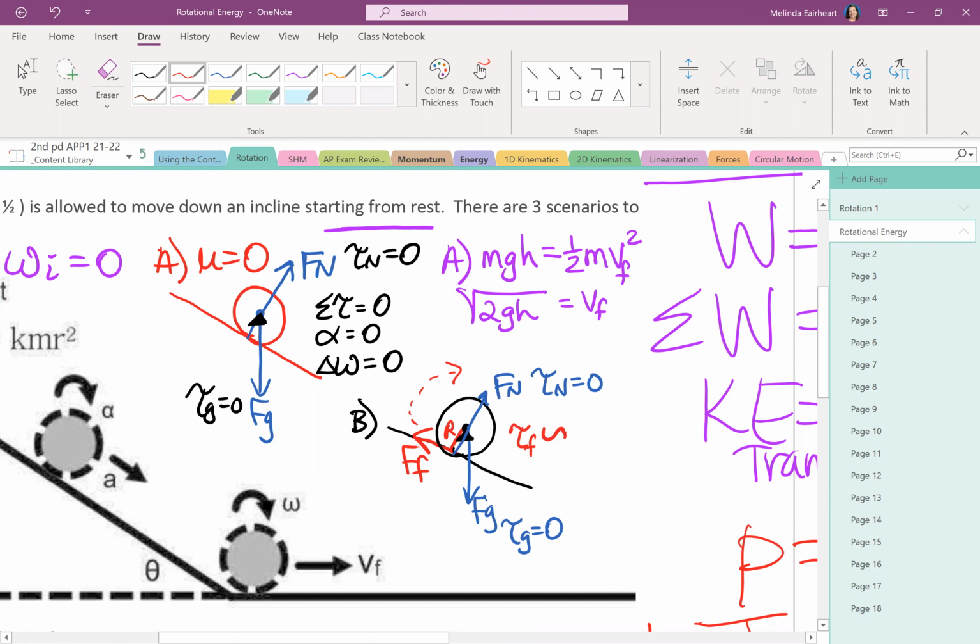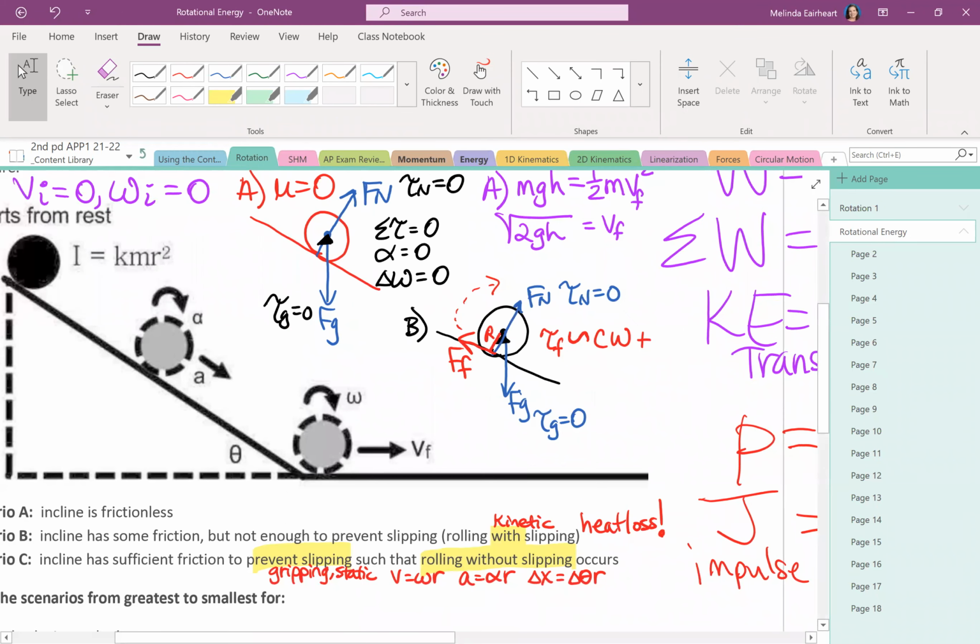It says we don't have enough to totally prevent slipping. And so that torque of friction is going to be in the clockwise direction. That's going to be like forward. So you can call that the positive direction here. Okay. And so we will have an alpha, we will have changes in omega. It's just not a constant, right? Good on that one?